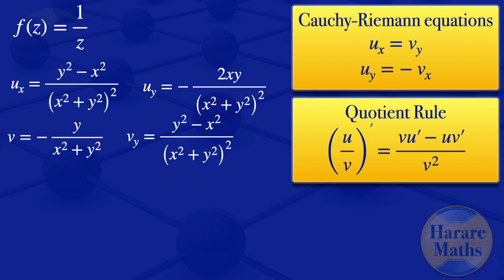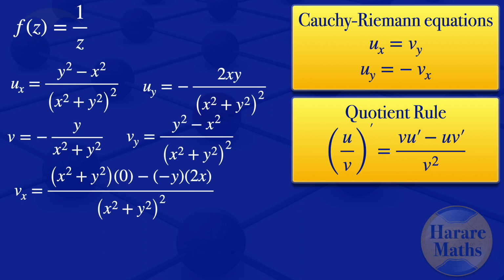I now move on to evaluating the partial derivative of v with respect to x, differentiating with respect to x, treating y as a constant. I'll use the quotient rule again, and the result that we get is x squared plus y squared times 0 minus y times 2x, divided by x squared plus y squared, squared.